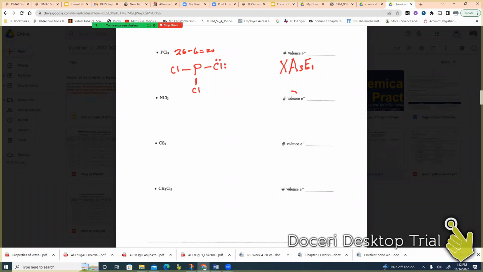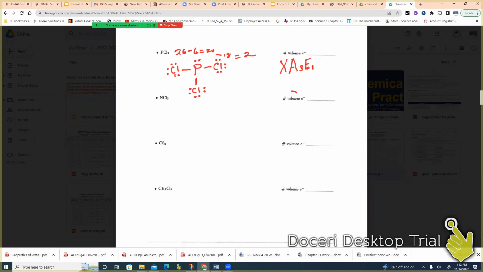So they each need 6. Right, so I had 20, that took 18. So now I have 2 left. So what are those 2 going to go on? Phosphorus, perfect. They're going to go right there and everything has a good octet.